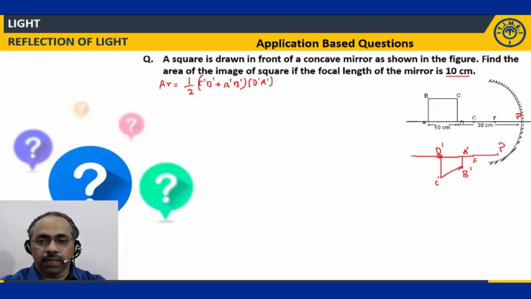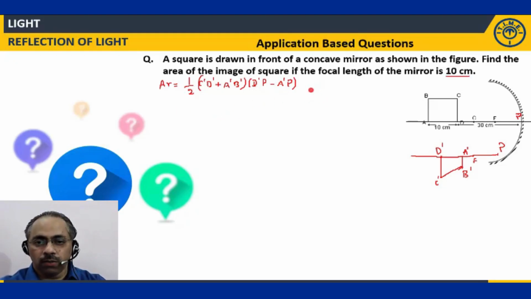So if I want to know D dash A dash, I need to measure D dash and A dash from P, so that I can write it as D dash P minus A dash P. This D dash P and A dash P are nothing but the image distances.